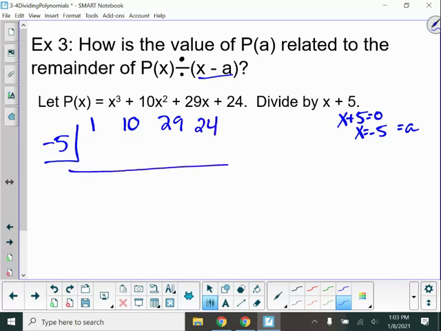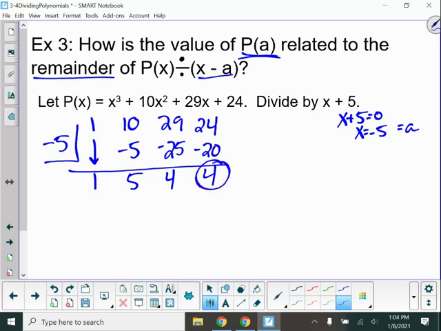I bring down the first term, multiply by the -5, put in the next box, add together, multiply by the -5, put in the next spot, add down, multiply by the -5, put in the next spot and add down. So it says, how is the value of p of a, so I'm going to have to plug a into my function, and the remainder, how are they related? So my remainder there is 4.